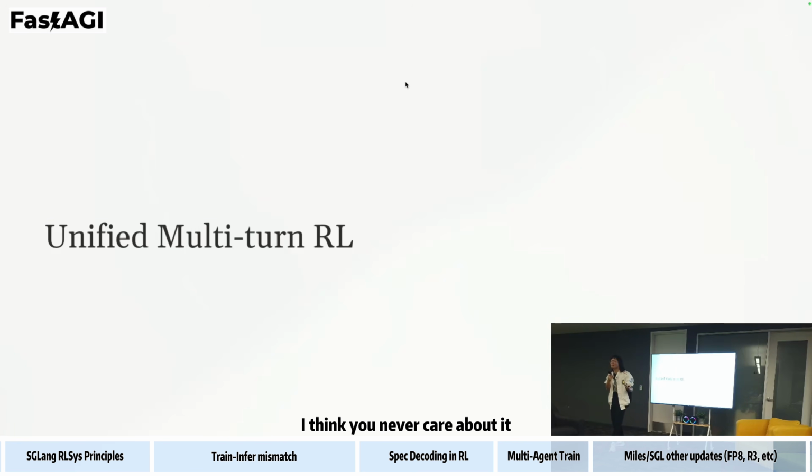I think you never care about it. You just care about how you're interacting with it, or how to define the behavior of your agents. If you can clearly define your agents, they can be opened up to training. So that's the idea of unified multi-turn RL. You just need to care about how to define your interaction behavior.